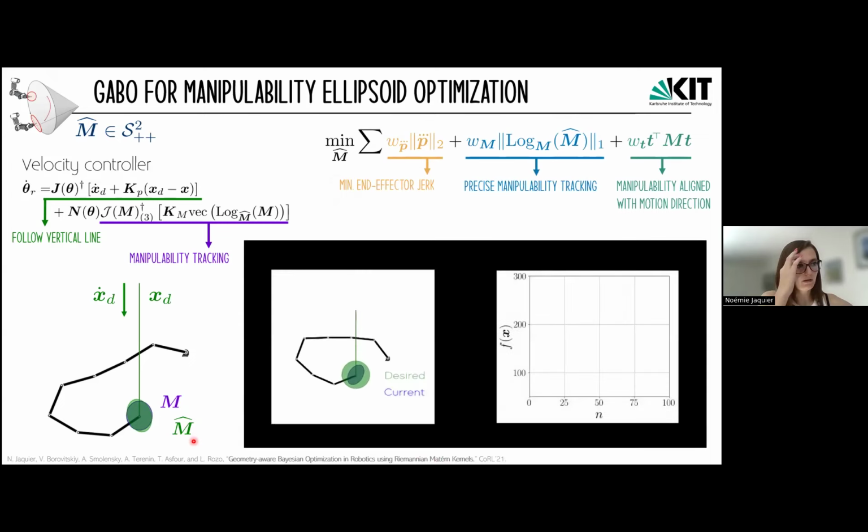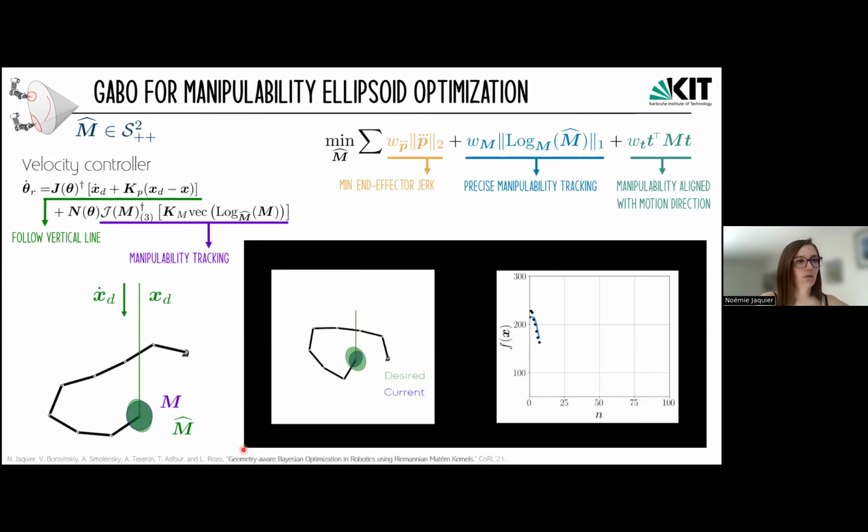So you will see here the iterations of Bayesian optimization. So this is the first few ones. The desired manipulability is in green. This is the one that we're optimizing for. And the one that is tracked by the controller, that is reproduced by the controller, is the purple one, which is the current manipulability. And you see that at the beginning of the iterations, the manipulability is not really aligned with the motion direction and the robot is not really able to track it properly.